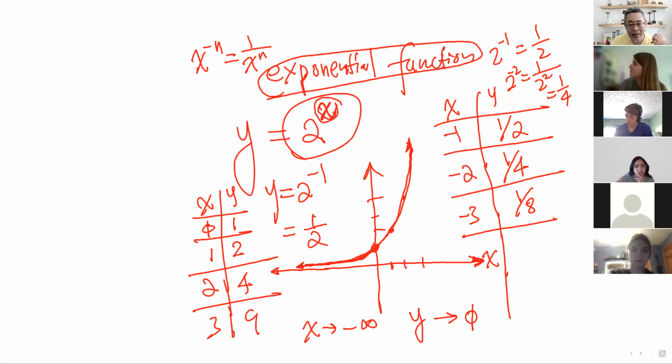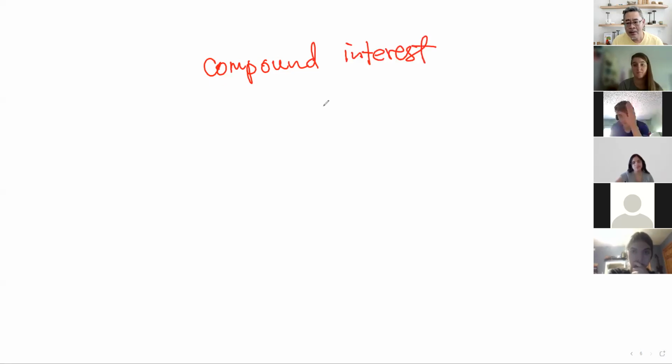Okay, we got that. Another application you see in real life is when you invest money. Jad talked about something called compound interest. Do you guys know what compound interest is? Can you say that in one word?